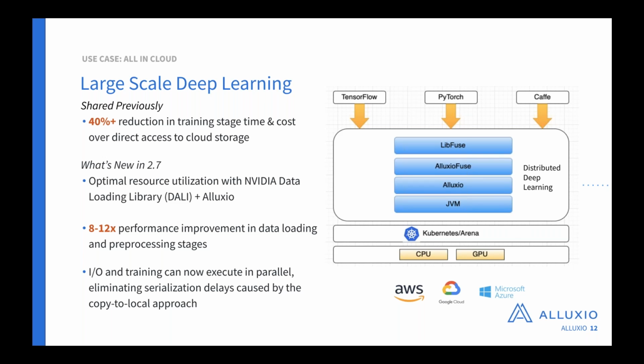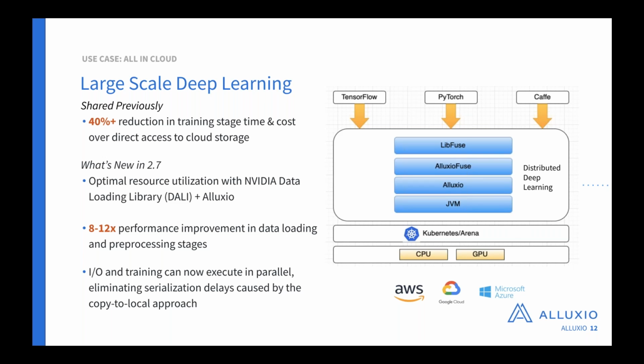Now, in this release, we focused on making sure that the various steps of the pipeline are no longer sequential. So while you're loading data from a remote data source, you can begin your training process while the data is being preloaded.